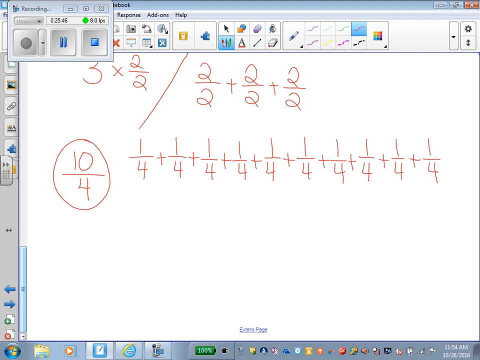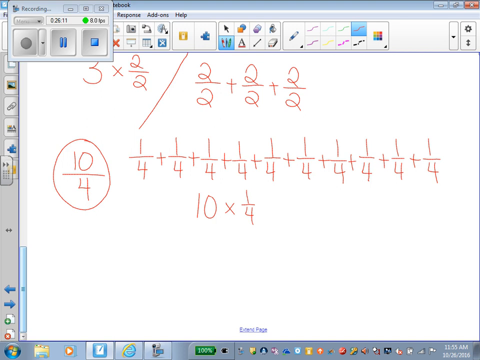Addie. 5/4 plus 5/4. I'm going to come back to that one. But I want to answer this question first. What's a shorter way that I could show this repeated addition that Cornelius just told me? Aiden. 1/4 times. Okay, so I could either do 1/4 times 10 or 10 times 1/4. Okay?